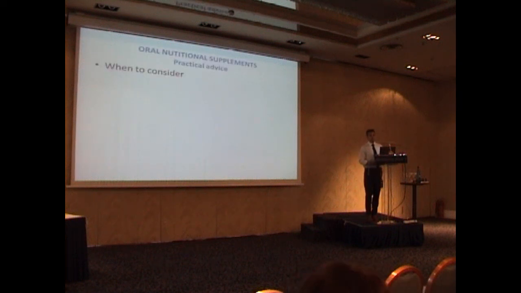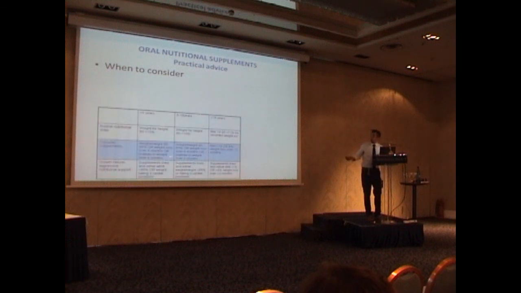So practically, using oral supplements, we need to consider them when there's been a plateau in weight. So if you're a child and you're not gaining weight over 6 months, we need to do something. If you're an adult and your BMI is less than 19 or you've had weight loss, we need to do something. And this is where we can consider oral supplements.